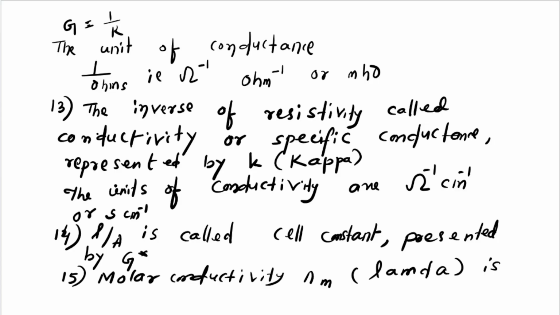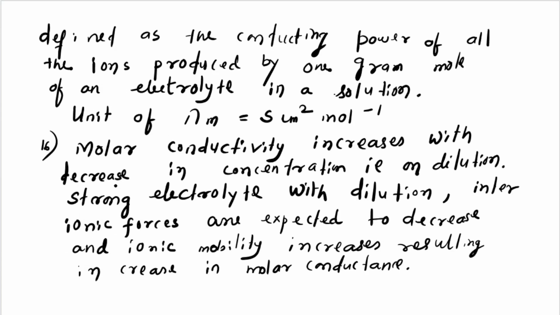L by A is called the cell constant and represented by G star. Molar conductivity, represented by lambda, is defined as the conducting power of all the ions produced by 1 gram mole of an electrolyte in solution.